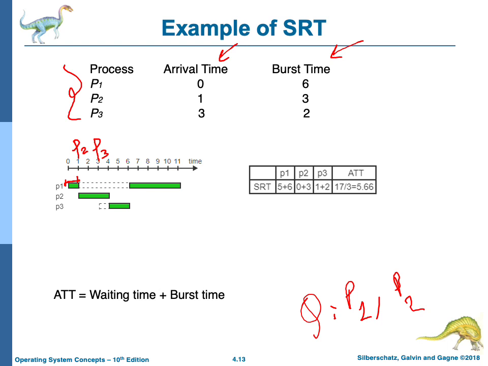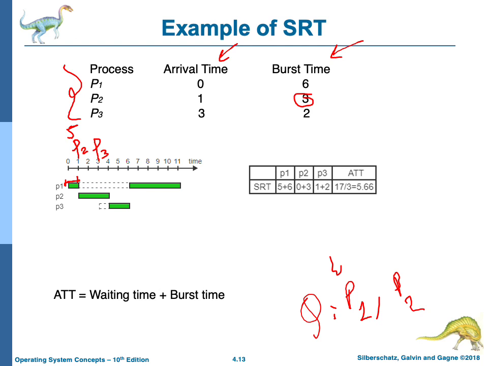So we'll compare the remaining time of these two processes. At time 1, P1 has already run for 1 millisecond. Therefore, at this point, it still needs to run for 5 milliseconds, right? 6 minus 1. Now, P2 at that point needs to run for 3 milliseconds.